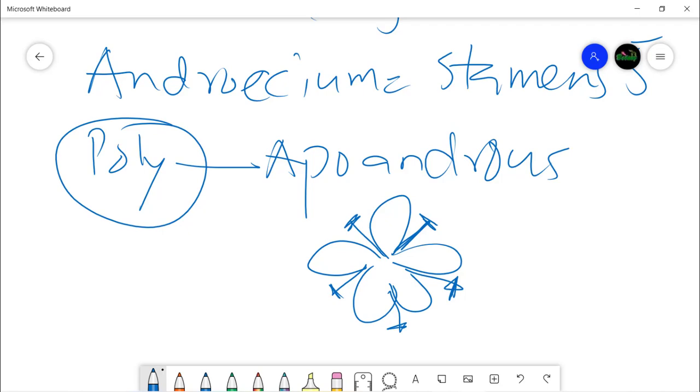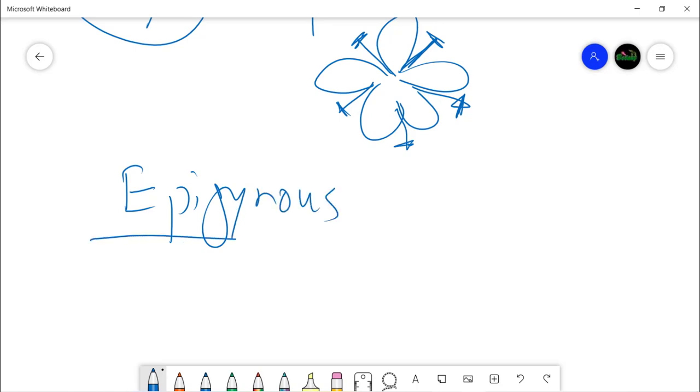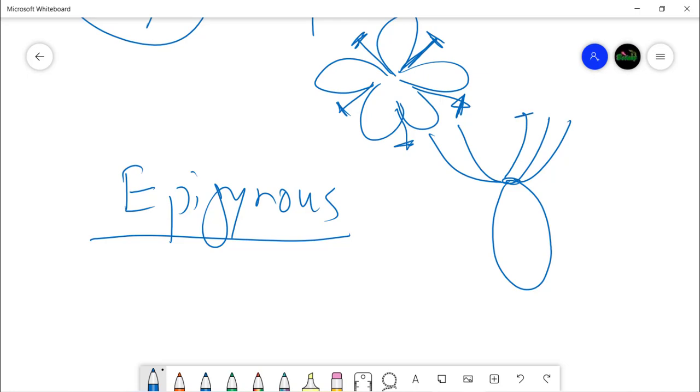Moreover, the stamens arise from an epigynous disc. Since the flower of Apiaceae is epigynous, we have a disc present at the top of the thalamus here, and they arise from this disc. So we have 5 stamens arising from this epigynous disc.